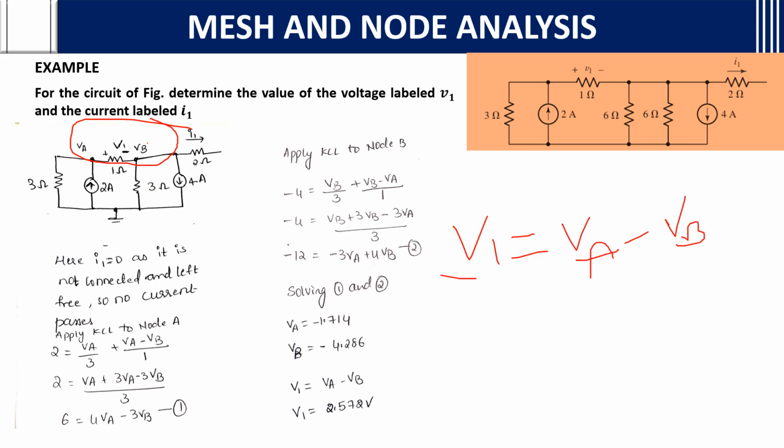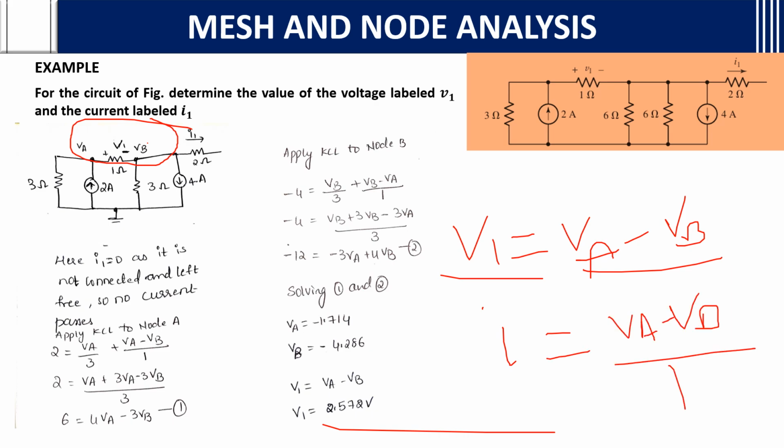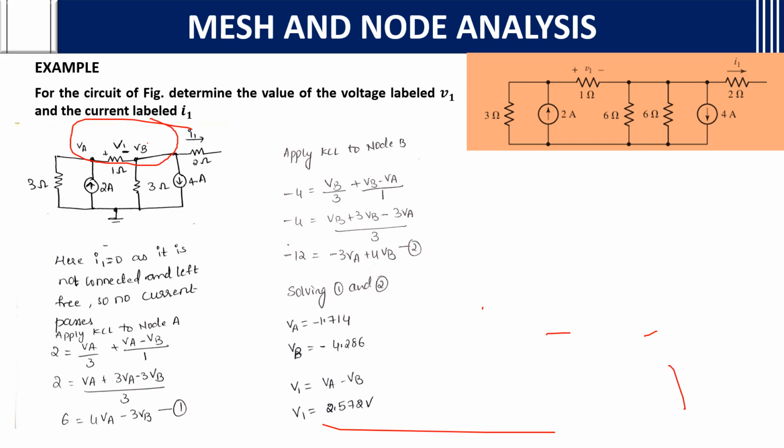If you want current through that 1 ohm resistor, then I equals VA minus VB by 1 ohm. But here we want voltage, so VA minus VB is enough.